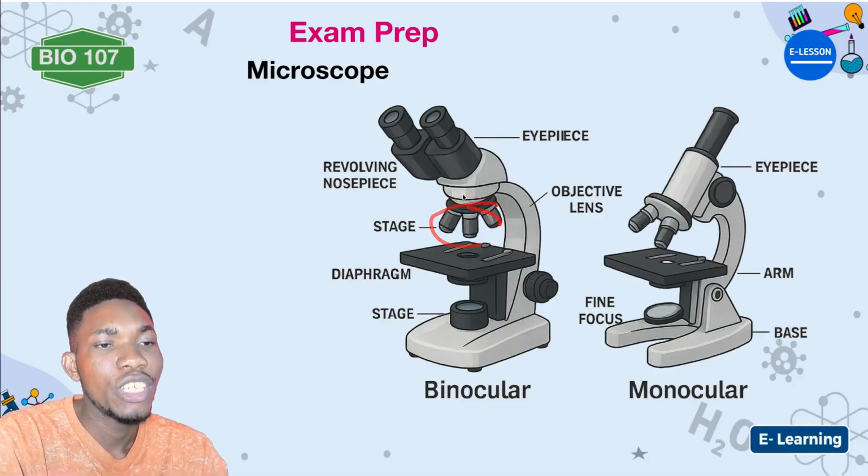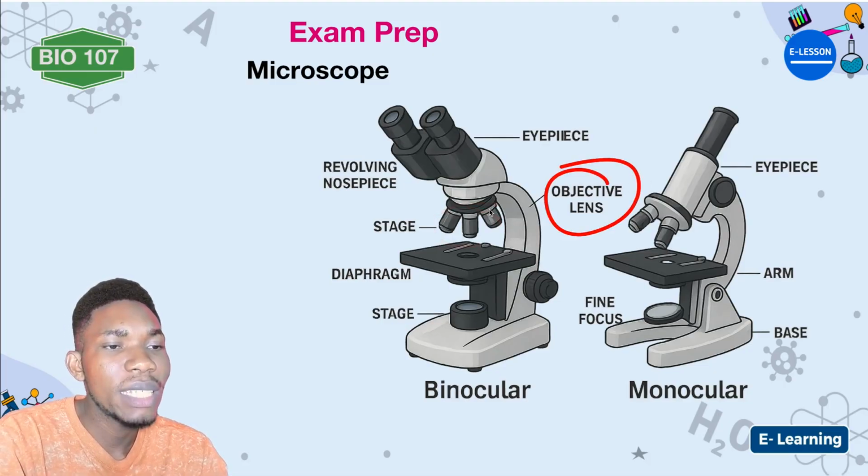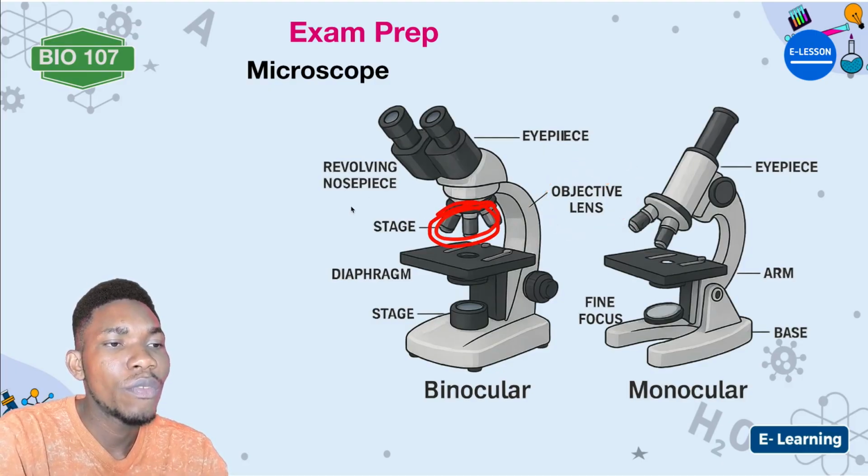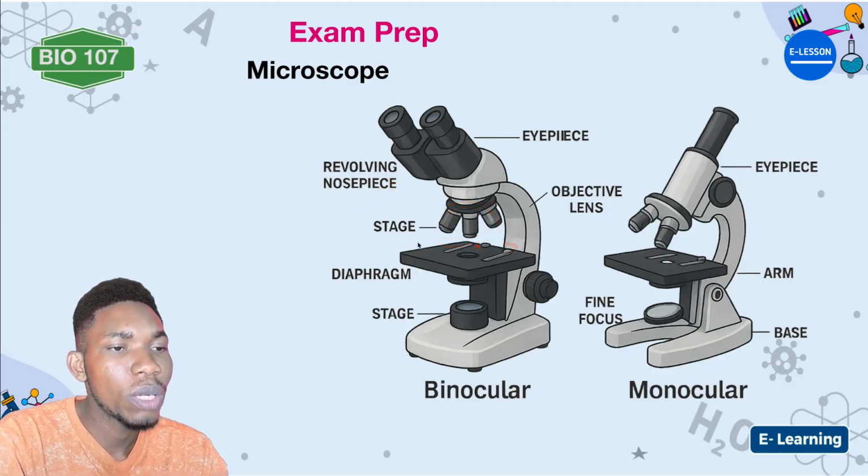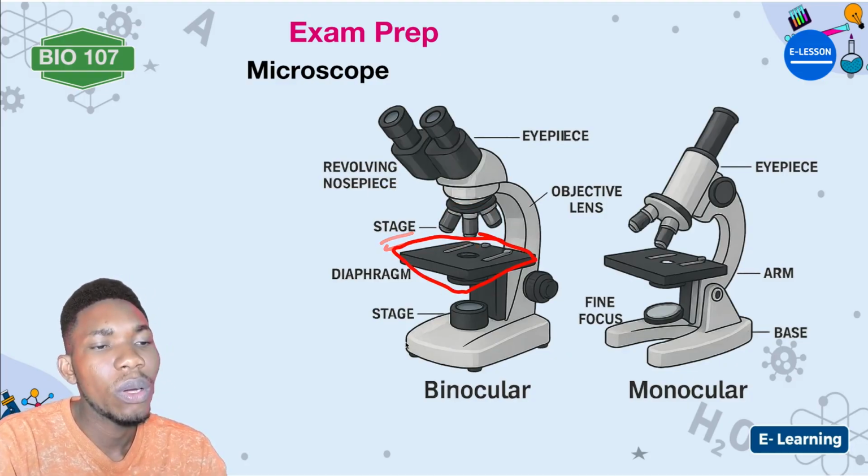It's moving to give you different objective lenses. The objective lenses are inside this revolving nose piece. Then this part here, where you put your specimen on a slide, is what we call the stage.